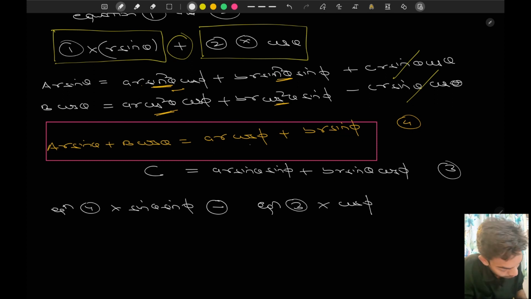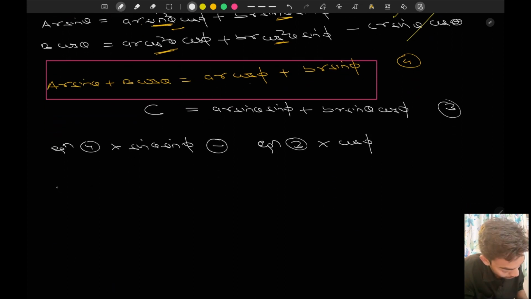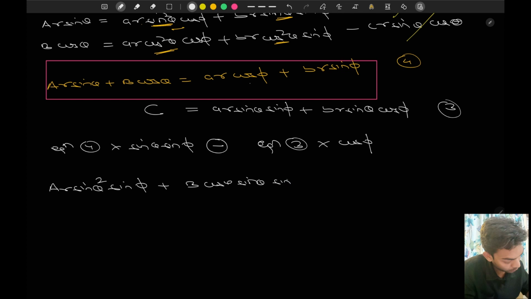So let me do that. So I have AR sin square theta sin phi plus B cos theta sin theta sin phi is equal to AR cos phi sin theta sin phi plus BR sin square phi sin theta.